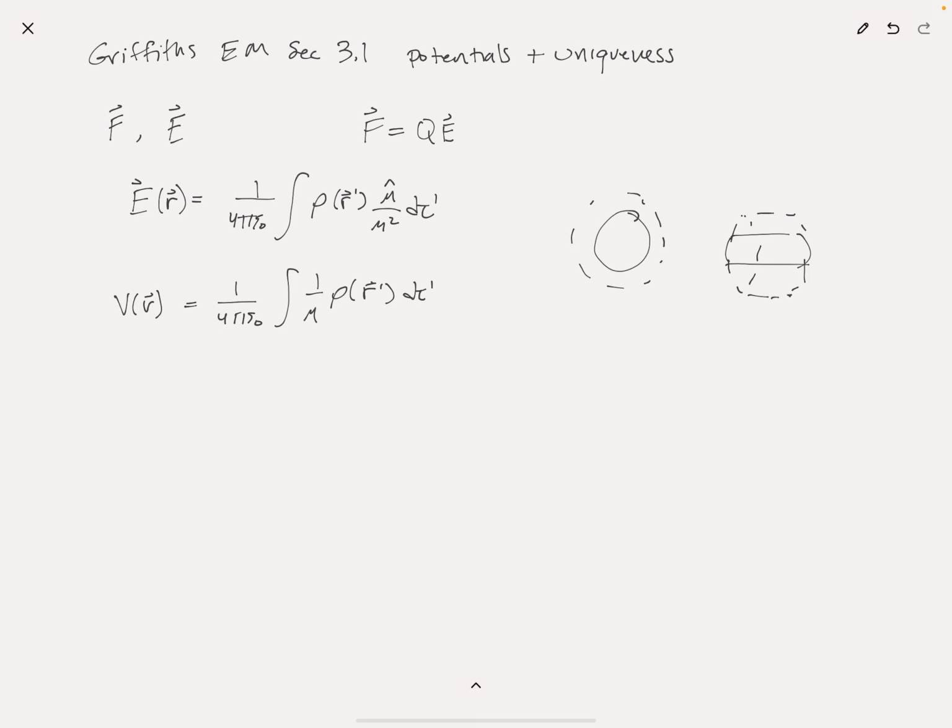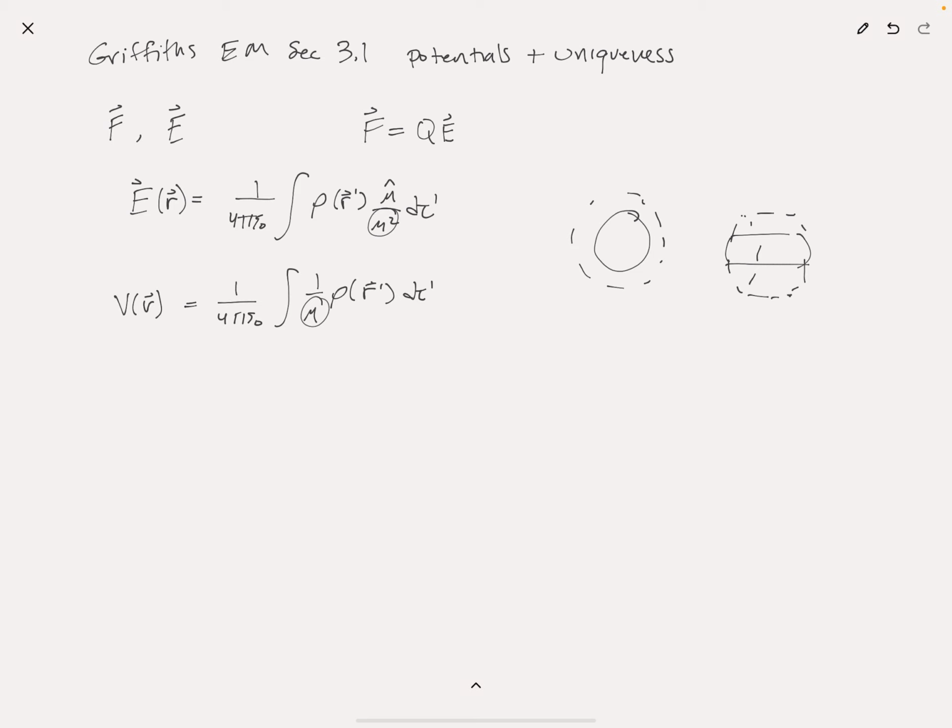Because this is not a vector, I only have to integrate once, so generally a little easier, and it turns out that this r squared on the bottom generally creates a little bit easier integral to do. Okay, so that's possible to do. It turns out that that's not always the easiest thing to do either.